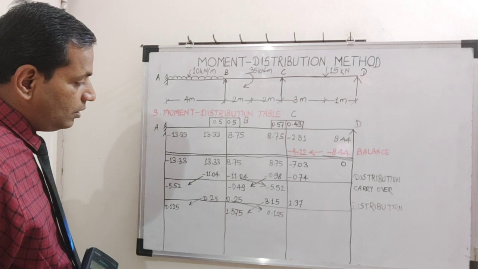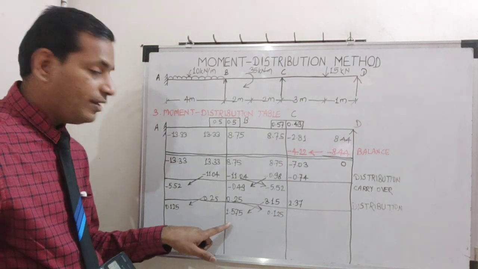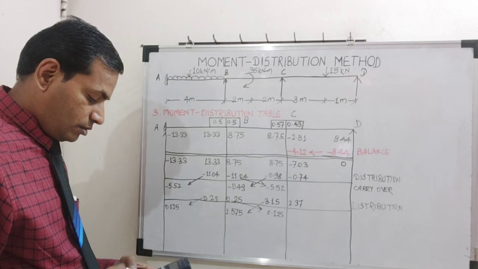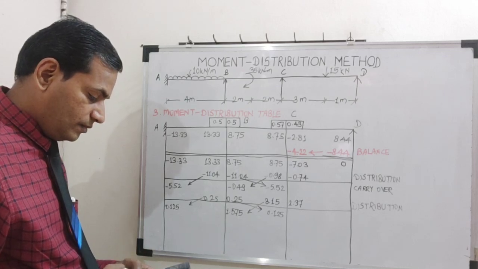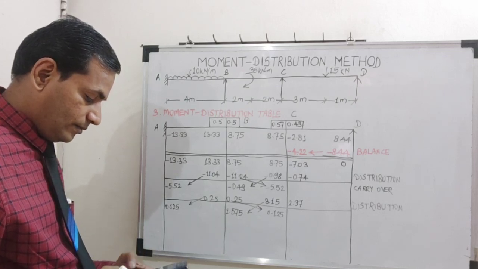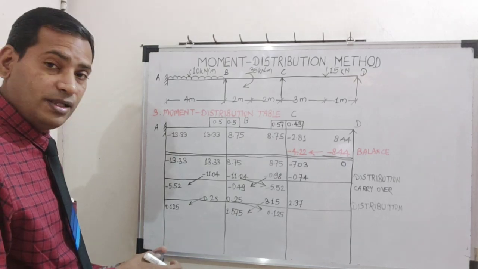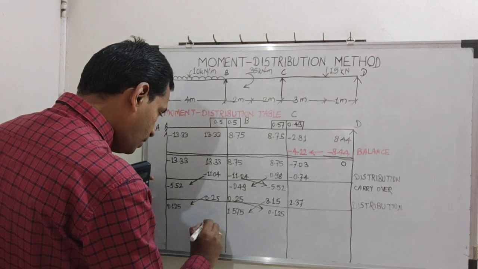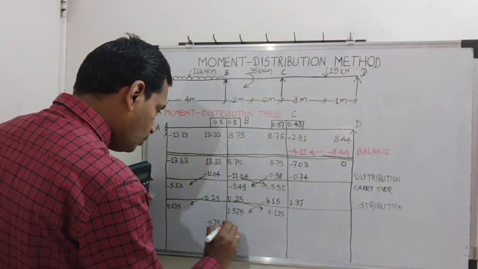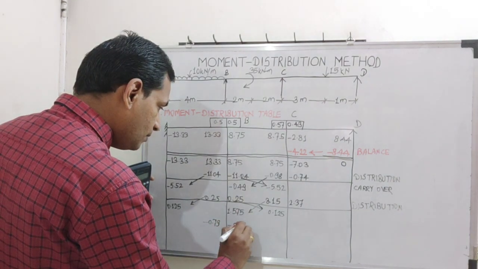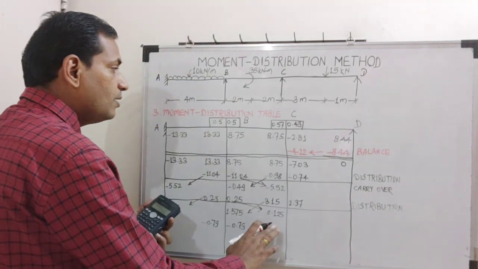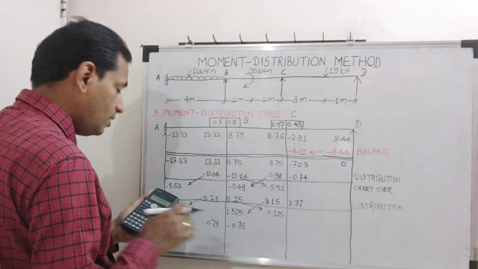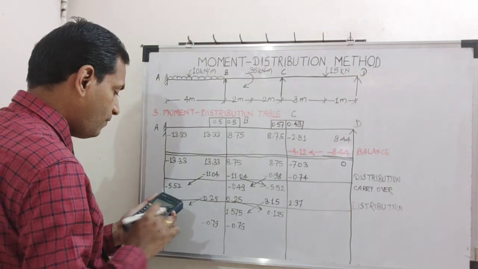So 1.575, make it minus. So its half value is 0.79. I am rounding it off. So minus 0.79 on both the ends. Here 0.125 with minus sign, please remember, into 0.57.